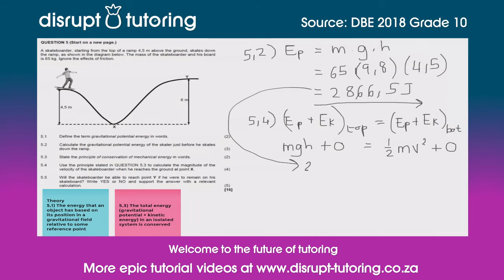So we know that 2866.5 is equal to a half times 65 times velocity squared. And you can work out his velocity, and that gives you 9.39 meters per second. So that's the velocity of the skateboarder at point X.